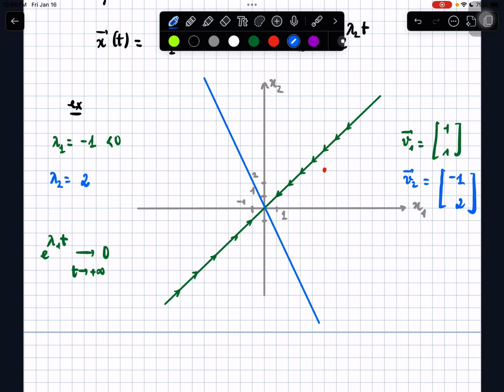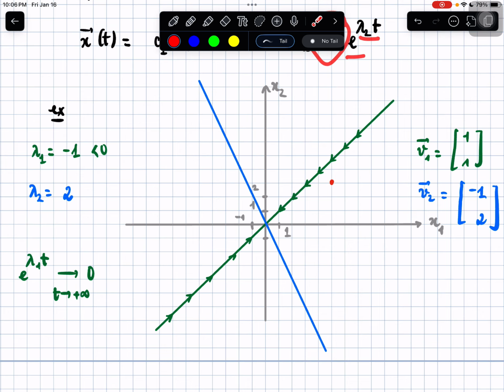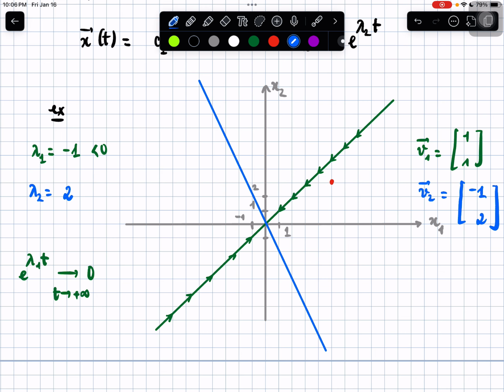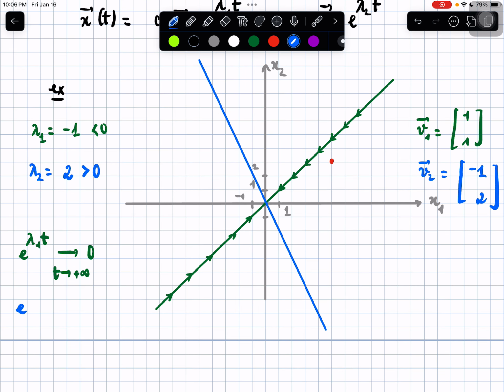Along this line we have v2 times e^(lambda 2 t). Lambda 2 is positive, so when t tends to plus infinity, this tends to plus infinity. In this direction it goes off to infinity.